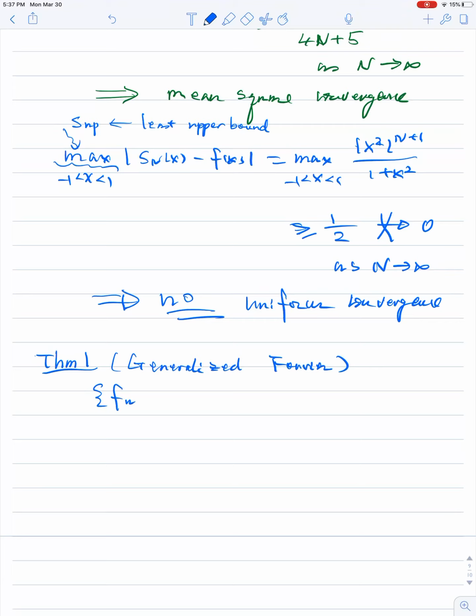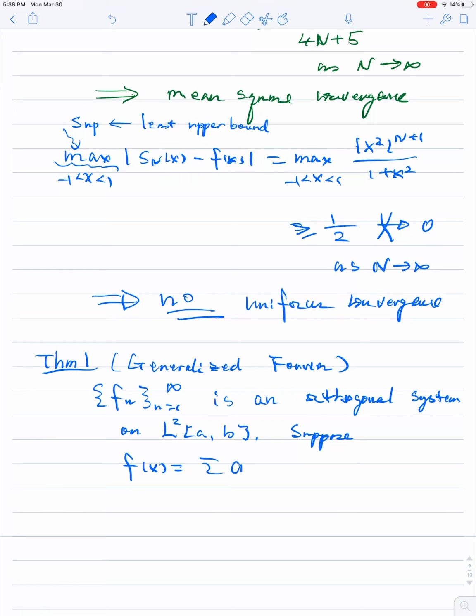Suppose we have f_n, n runs from 1 to infinity, is an orthogonal system, and suppose f(x) equals the sum of a_n f_n(x), n from 1 to infinity, where the convergence here is mean square. So it's in the way of mean square that we just talked about.